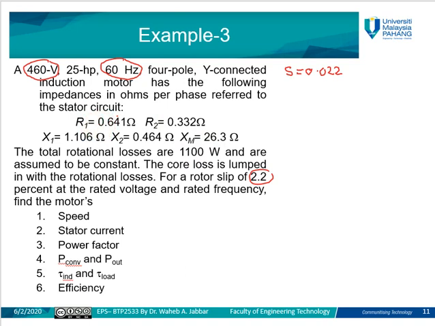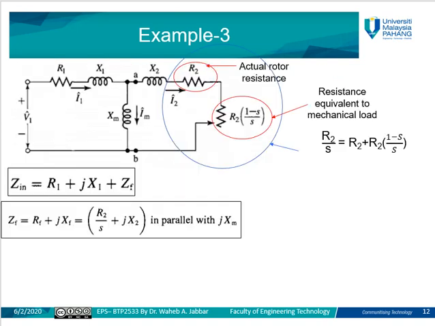Here we can see the approximate equivalent circuit of the induction motor, and we already saw in chapter 3 how to simplify the induction motor equivalent circuit. It consists of R1, X1, RC, XM, and X2 and R2 over S. Then we split the value of R2 over S, which is the resistor of the rotor, when we consider that the frequency in the rotor is not the same as the frequency of the stator.